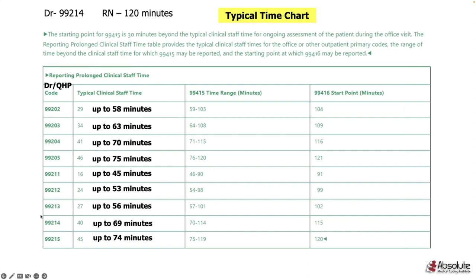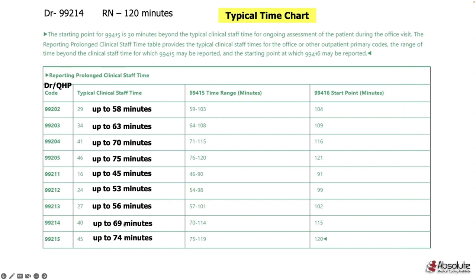So again, I'll repeat it. It's based off of the doctor's encounter. You have to score the doctor or determine the doctor's level of service. We've determined it to be 99214 for a moderate established patient. And the typical clinical staff time gets no code because this is the typical time that the clinical team would work or that RN would be working.